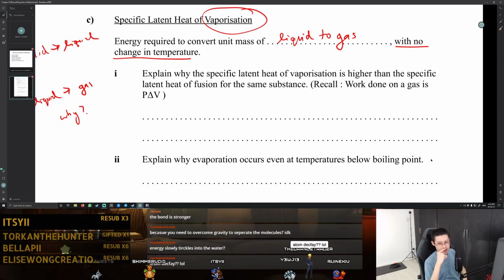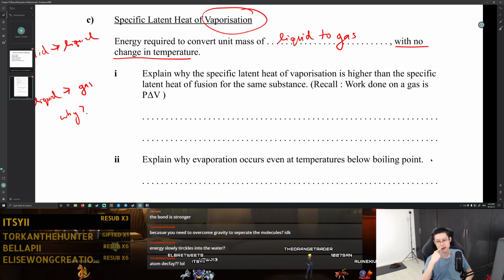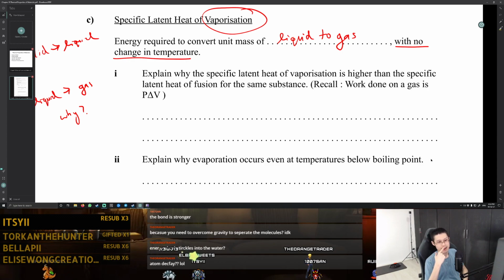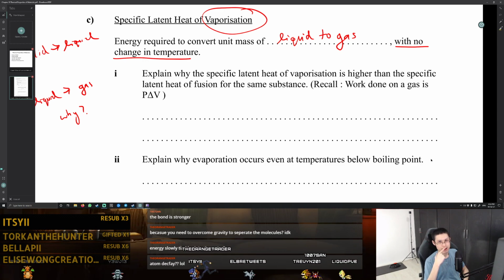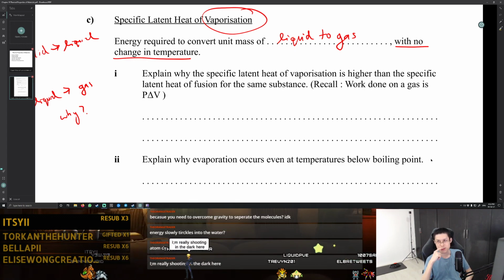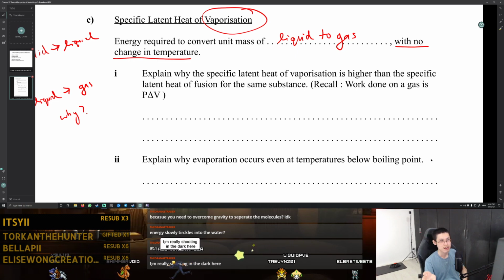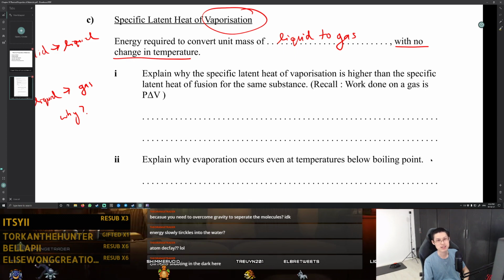Atom decay? Oh, you mean like nuclear decay? Well, the problem with that is nuclear decay isn't quite as fast as the rate of evaporation.